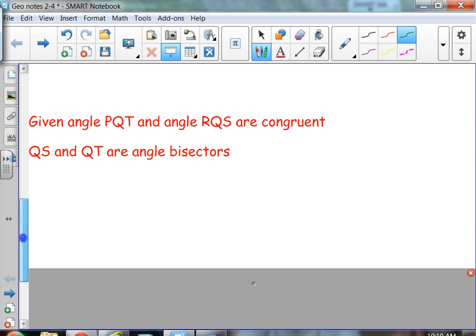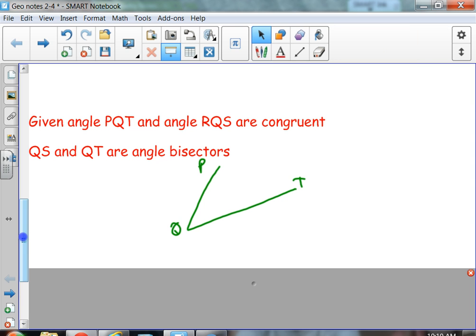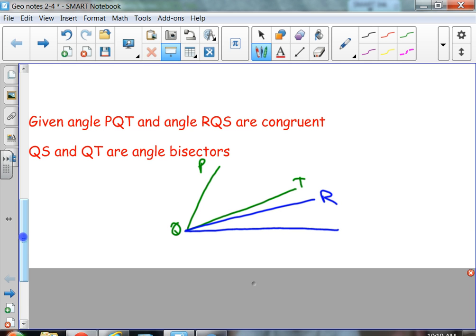All right, let's take a look at this one. We're given that angle PQT and angle RQS are congruent.